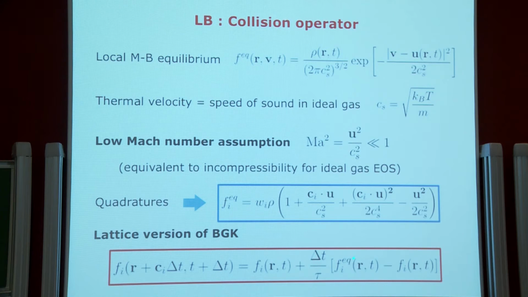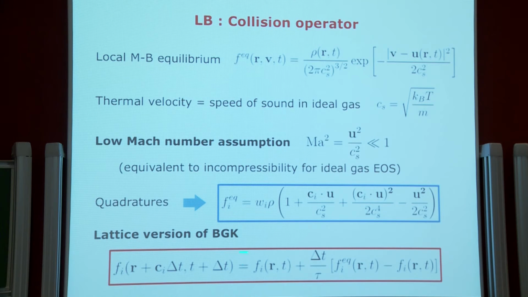So it's very similar to the continuous BGK equation in the sense that for each velocity you have a relaxation of the population towards the local equilibrium. You have here the characteristic collision time in terms of the time step.